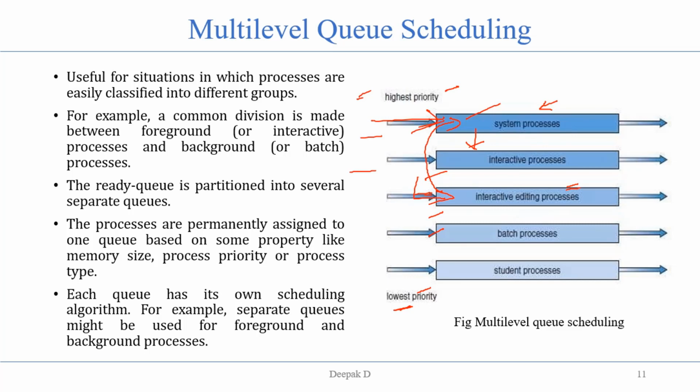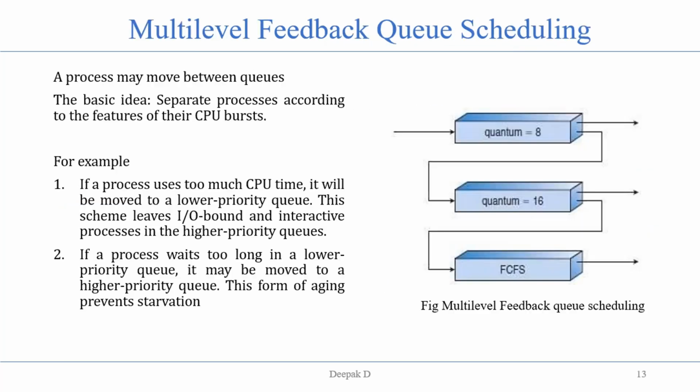So this is all with respect to the multi-level queue scheduling. Now let's see the last scheduling algorithm, that is multi-level feedback queue scheduling. We have seen in the multi-level queue scheduling algorithm that processes are permanently assigned to a particular queue when they enter the system. That is, assume that you have two separate queues, foreground and background.